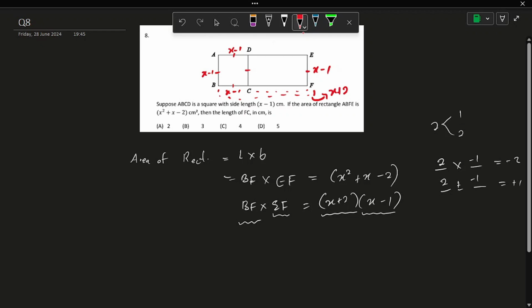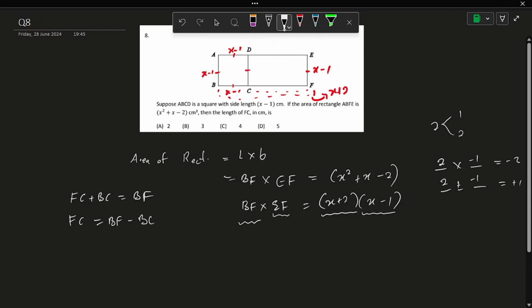So to get FC, we're going to say FC plus BC are actually equal to BF, because it's the whole thing, right? So FC is what we're looking for, so we're just going to let it be. In other words, BF minus BC should be equal to FC in this case, because we're taking the larger part and subtracting the smaller part so that we can get FC.